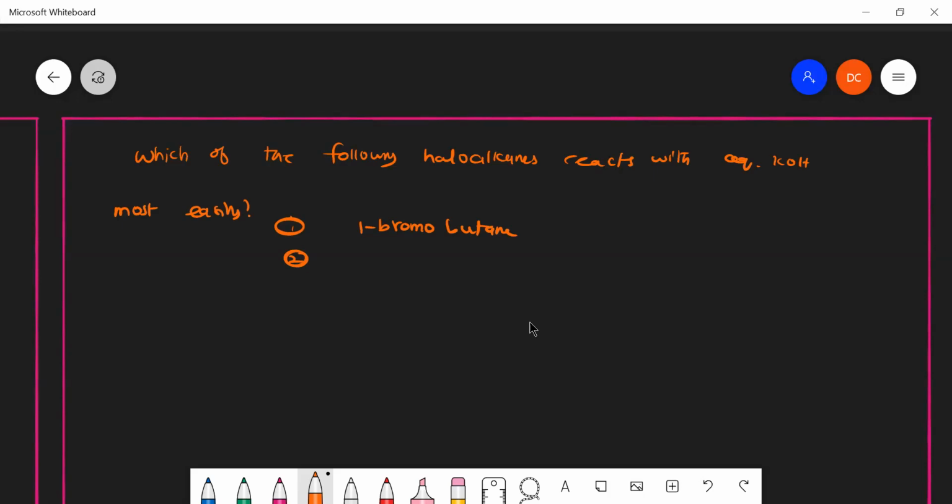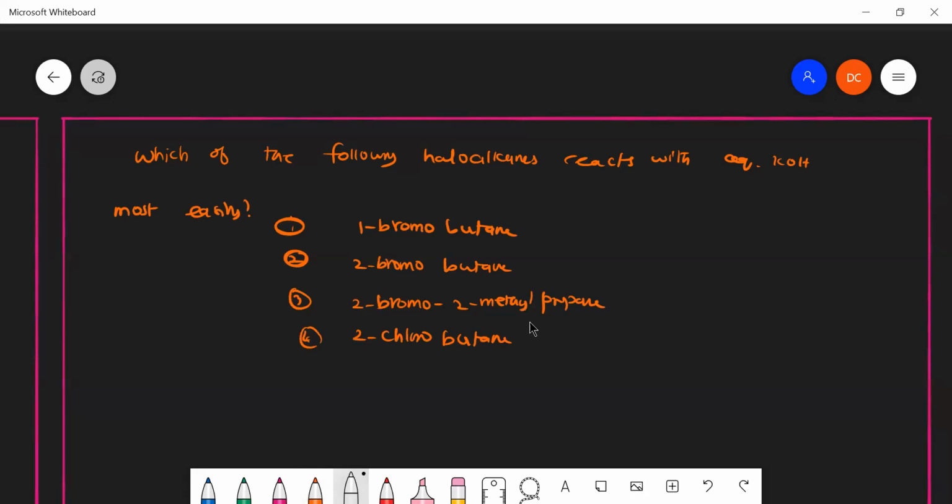Answer number 2 is 2-bromobutane. Answer number 3 is 2-bromo-2-methylpropane. Answer number 4 is 2-chlorobutane. What will be the answer? Aqueous KOH means it's an SN reaction, a nucleophilic substitution reaction.